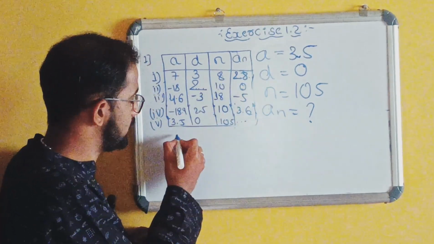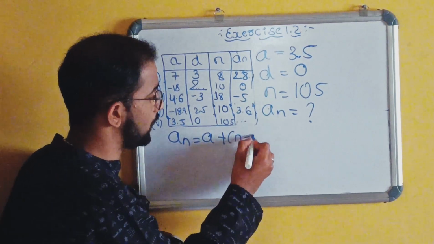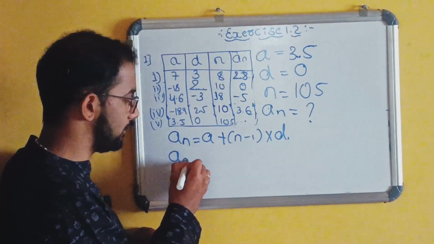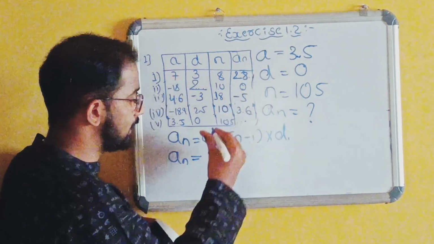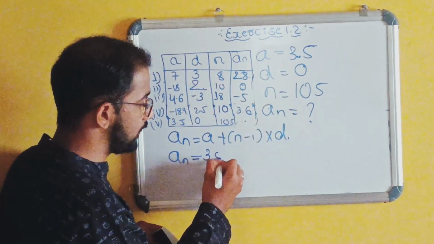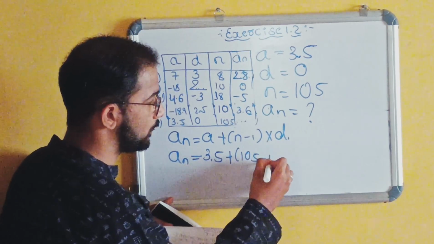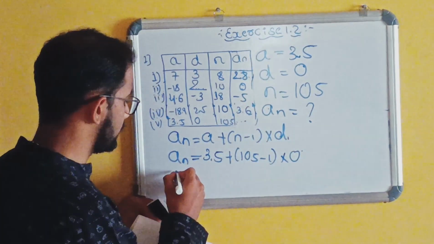Nth term means AN equal to A plus N minus 1 into D. What is the value of AN? We don't know. That is the task. Equal to A is given as 3.5 plus N is given as 105 minus 1 into D is 0.